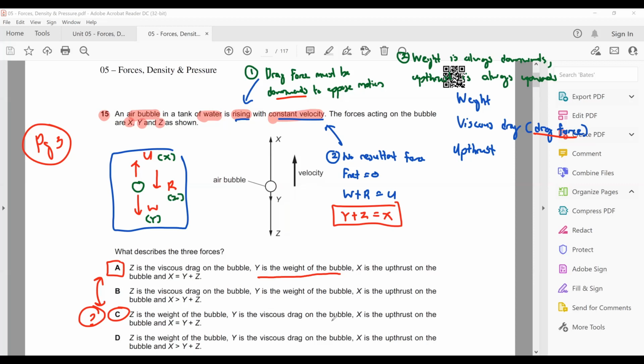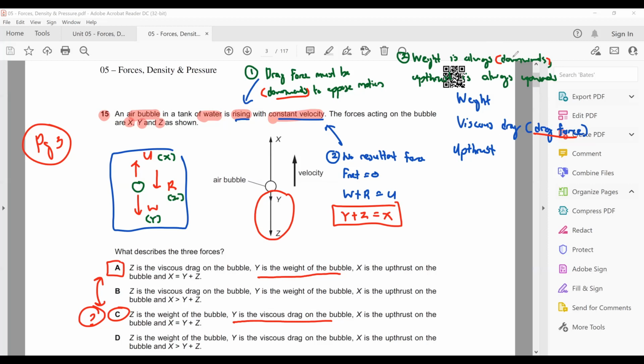Yeah, weight and drag force are both downwards. Drag force is downwards. Weight is also downwards. Basically, Y and Z are both downwards.